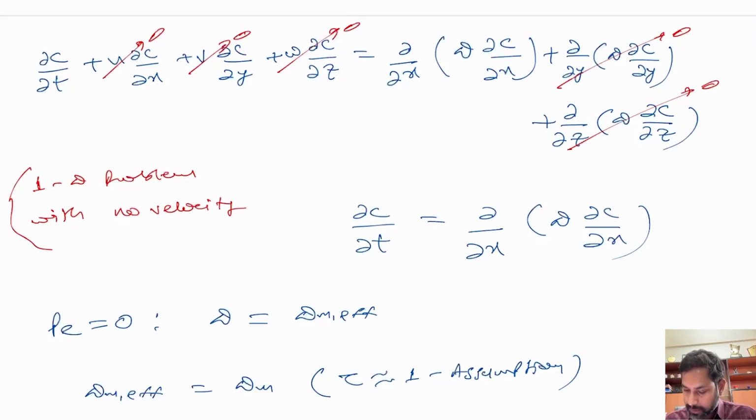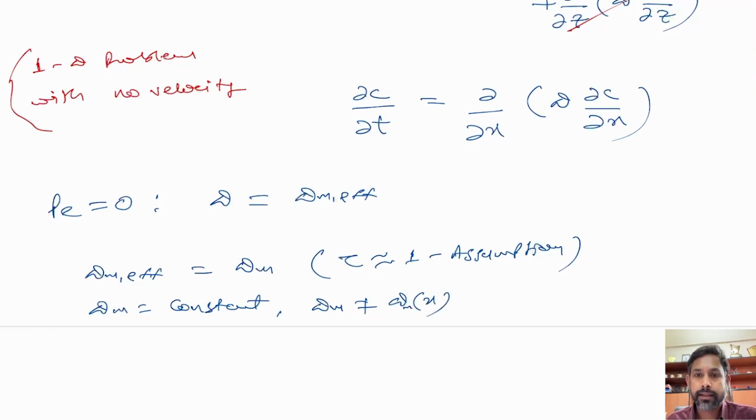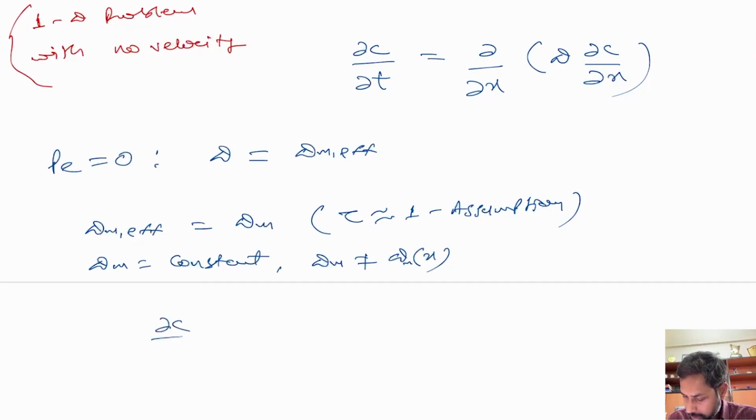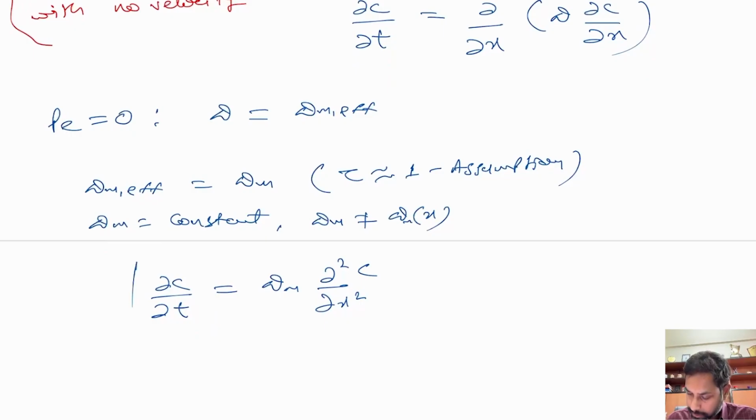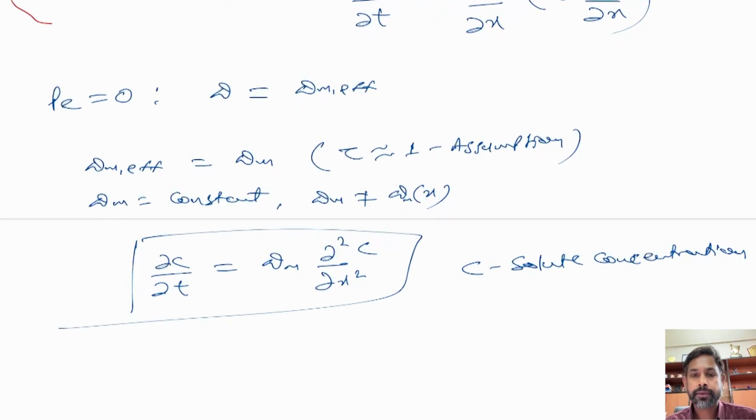Alright, and now because Dm effective is simply equal to Dm, Dm can be considered constant, and this is not a function of x, and that's why we can take D outside the derivative, and then the equation will become dc over dt equals Dm d square c by dx square. Okay, so this is the equation we are trying to solve, where c here is the solute concentration, right?